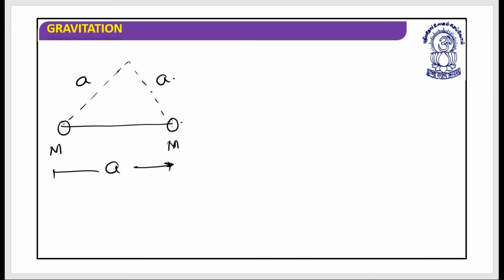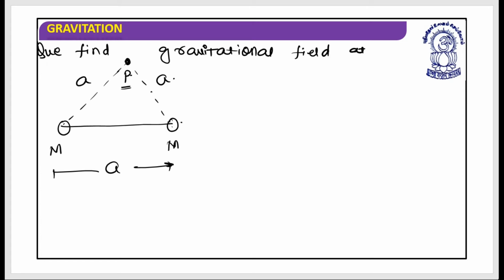So basically it is some kind of equilateral triangle, but not a complete triangle, and you require the gravitational field at point P. So the question is, find the gravitational field at point P. This is the requirement. How will you do this? What can be done?